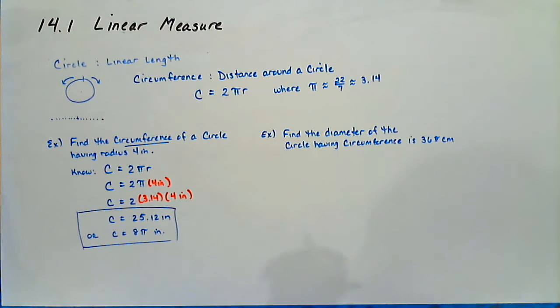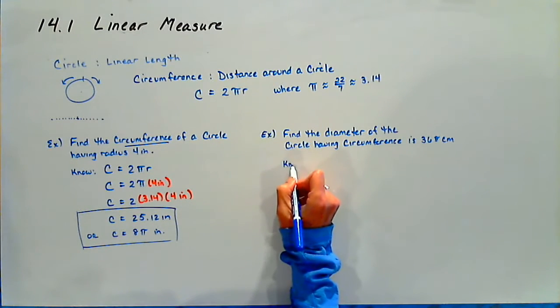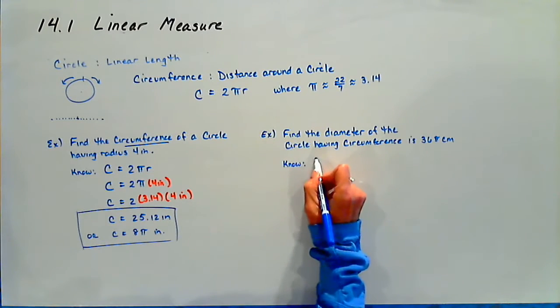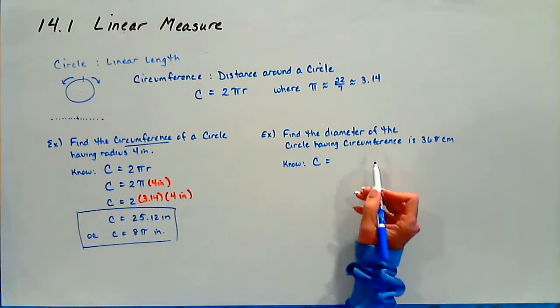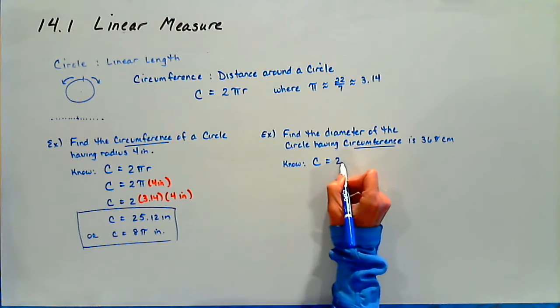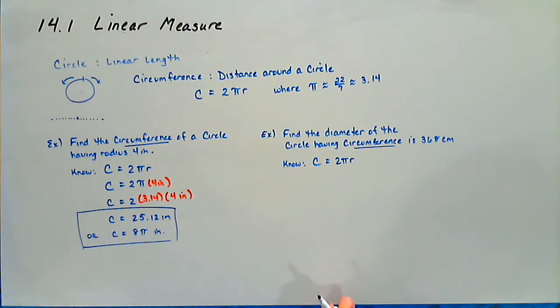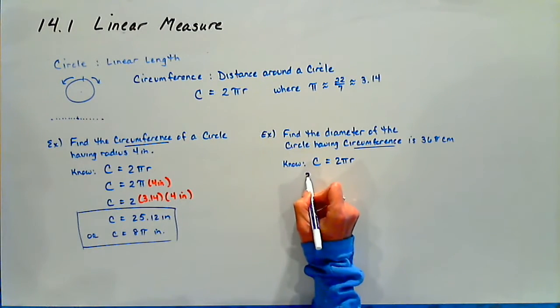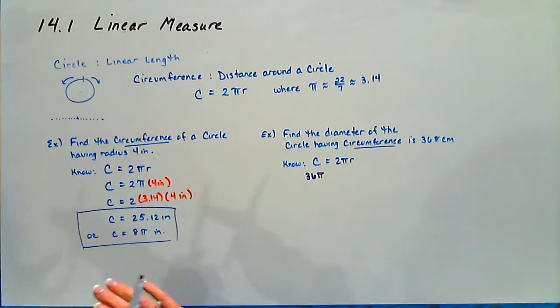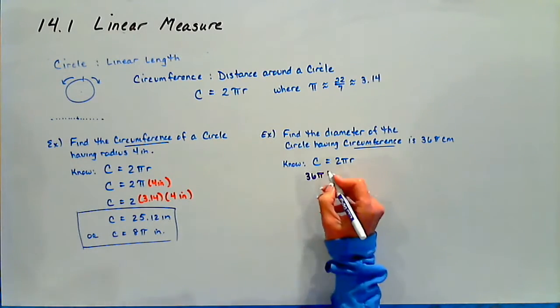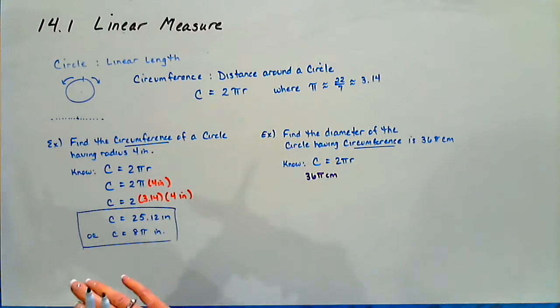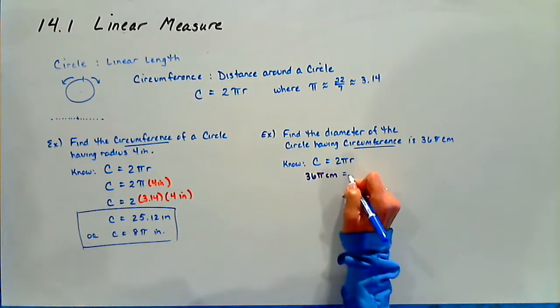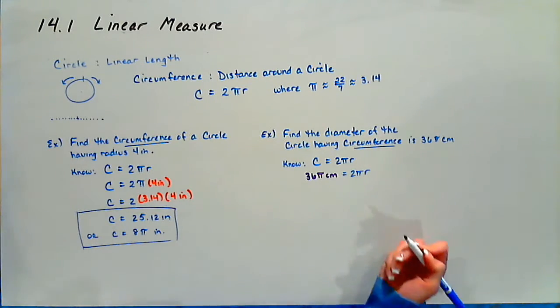Well, again, let's start with what we know. We know that circumference is 2 pi r. This time I gave you parts and pieces. I gave you the circumference is 36 pi centimeters, so I know that's the same as 2 pi r.